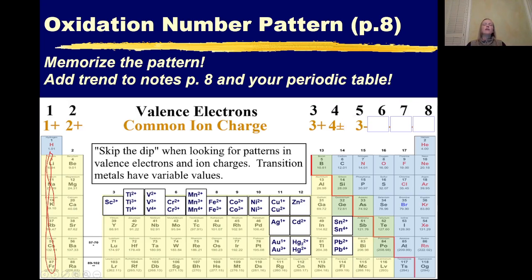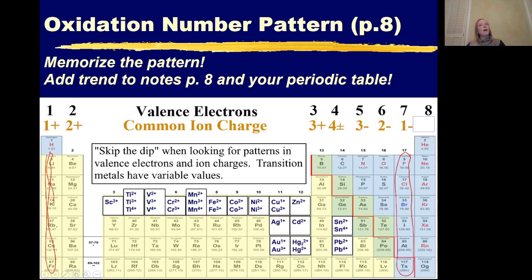In group 15, you're more likely to gain 3 electrons than lose 5. In group 16, you're more likely to gain 2 electrons than lose 6. In group 17, you're more likely to gain 1 electron than lose 7. And once again, I mentioned that these were very reactive nonmetals because they're like the alkali metals.